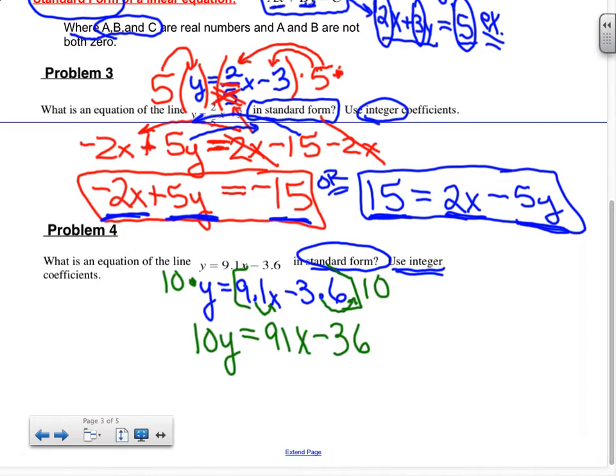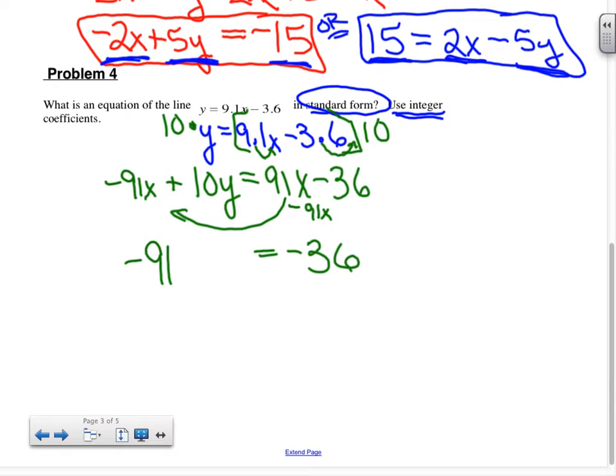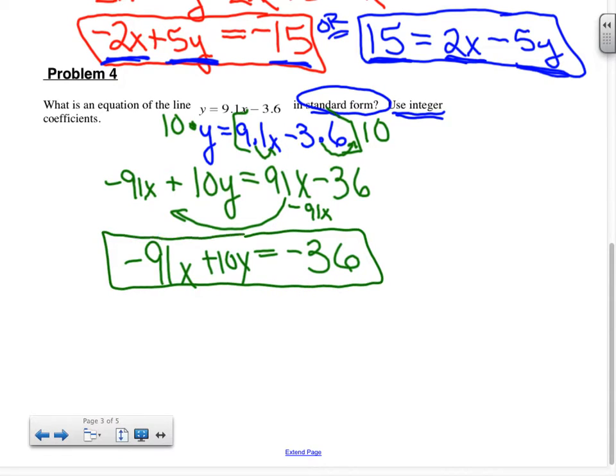I'm trying to find my cursor again. There we go. All right. Okay. Now, I would just bring this 91x over. I'd leave the negative 36 here. I would just subtract 91x. Remember, 10 is positive. So basically, this is the answer, followed by 10y. All right, that is your answer.